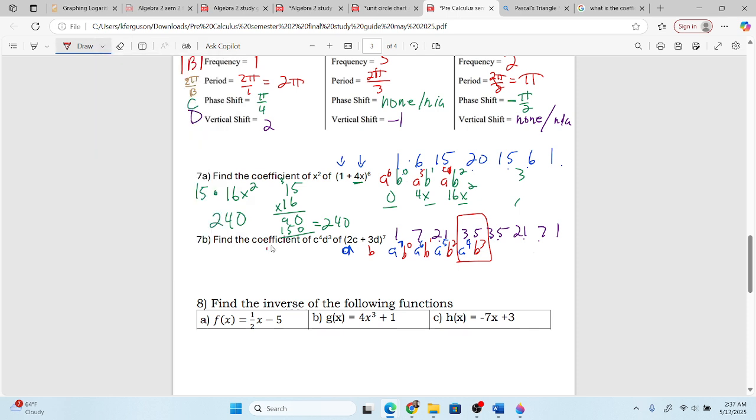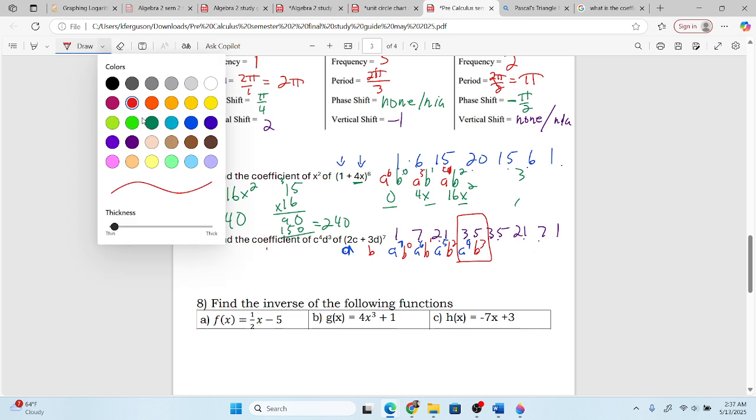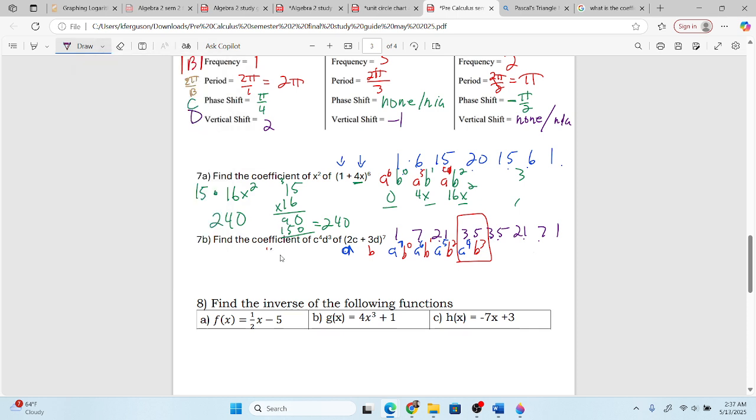So that's going to give me 35 times, now don't be tricked because it's 2c. So that's going to be 2c to the 4th power.